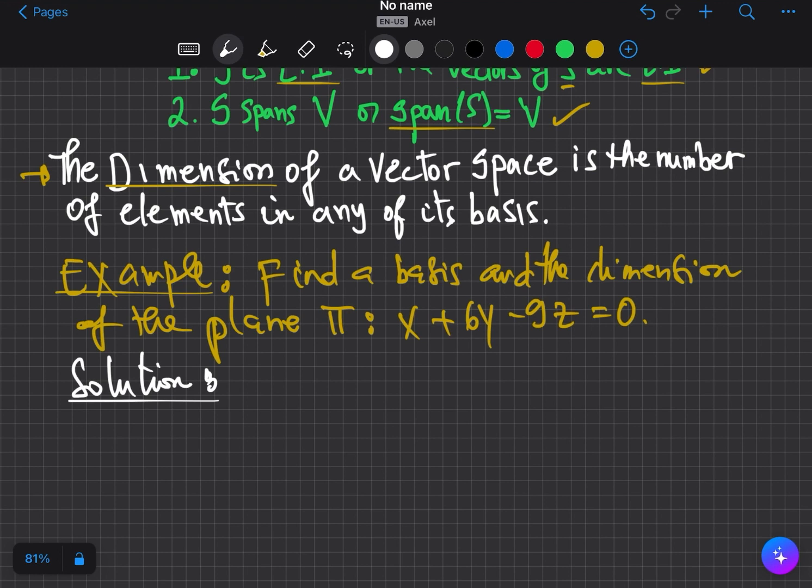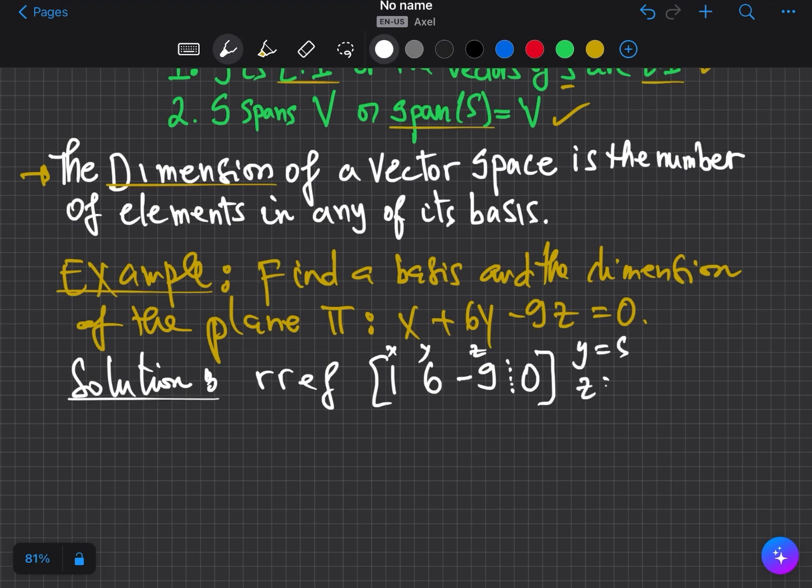And since this is a plane, the reduced row echelon form of this will be 1, 6, minus 9, 0. If you observe this, you will see that we have variables x, y, z, and x is a fixed variable and y and z are free. So we will have y equals s and z equals t.